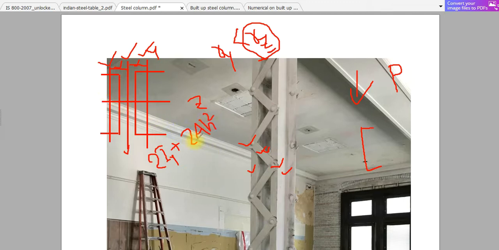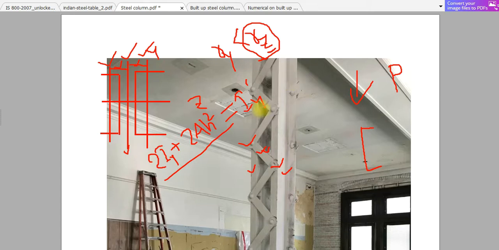This is basically from the parallel axis theorem. You might have studied this topic in previous semesters. So this will be the new moment of inertia about this y-axis, you can say Iy dash.